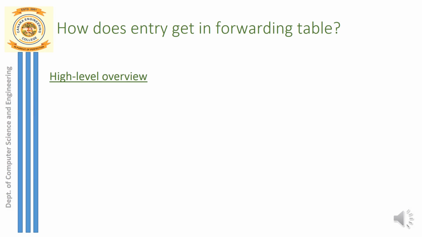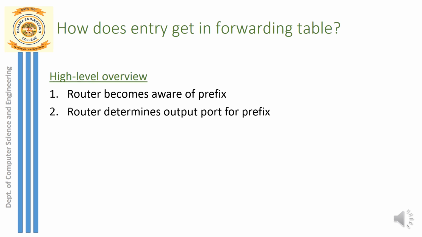You can see here how the entry gets into the forwarding table. By now you must know how the router prepares its routing table. First, the router should be aware of all the prefixes of the subnets attached to the autonomous system. Within the autonomous system, maybe you have around 5 routers, and I'm speaking now about the border router.